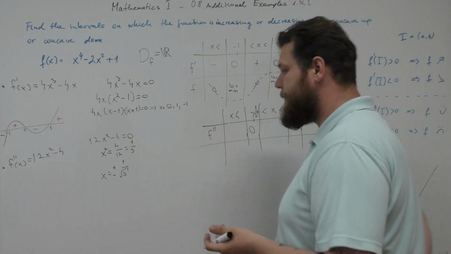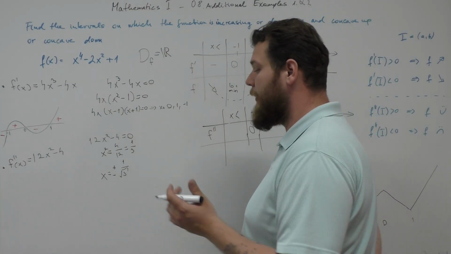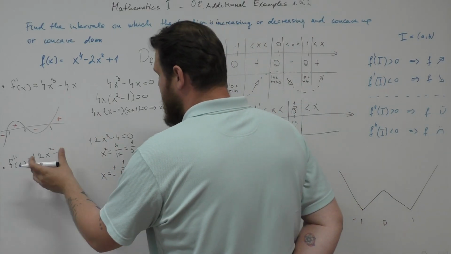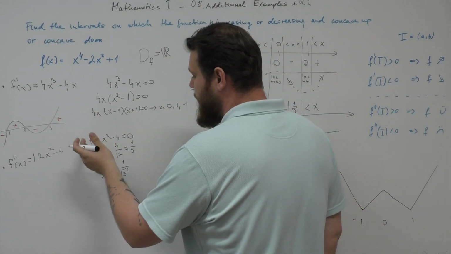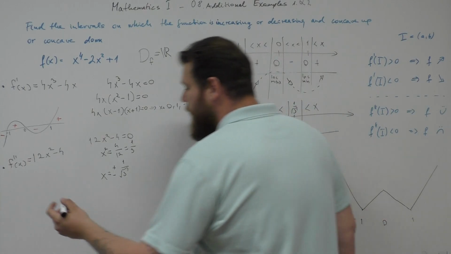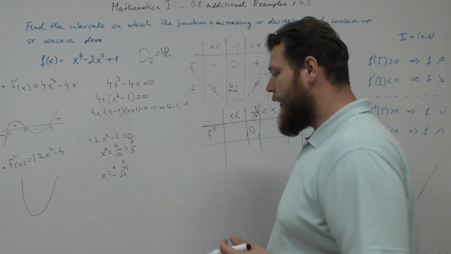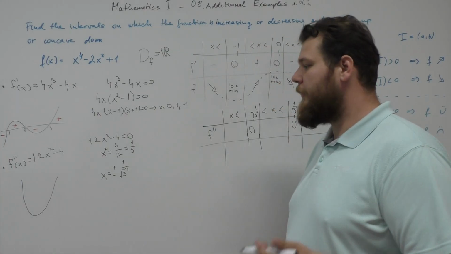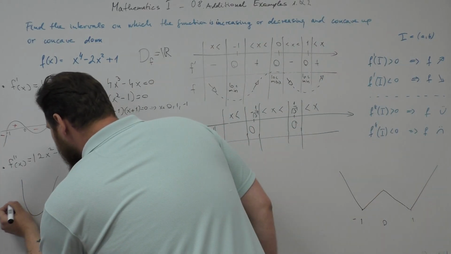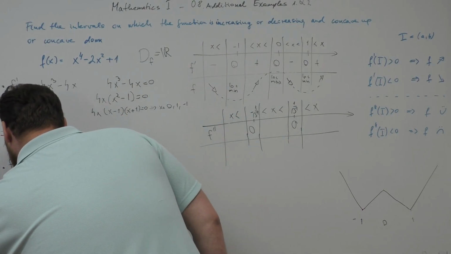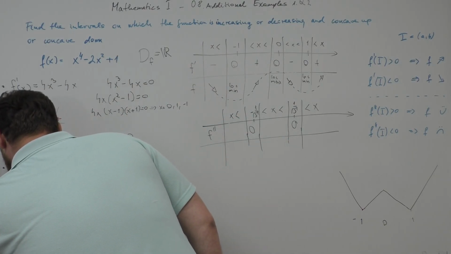To do that, let's draw the graph of the second derivative function. We can see that this is a quadratic function and 12 is positive, so the graph should look something like that. And since we have two zeros, it must look like this. Here are our two zero points.